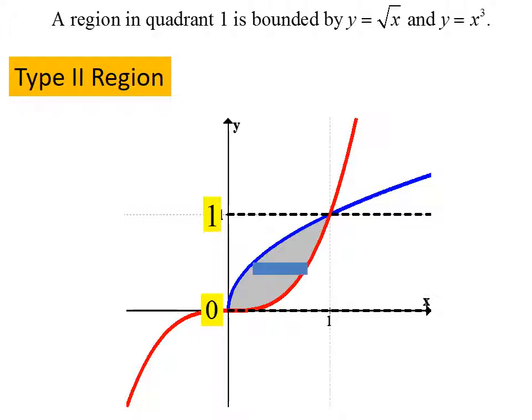Now the kicker is we've got to give those as x in terms of y. So we would have to take each of those and transpose or solve for x to find out what the function of y is.